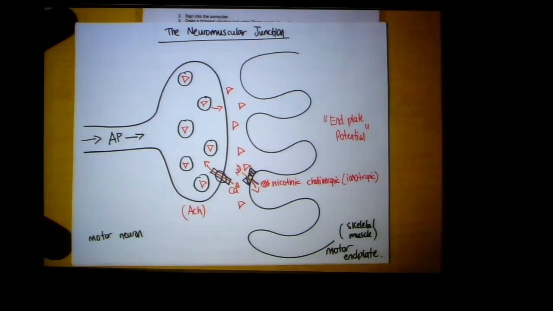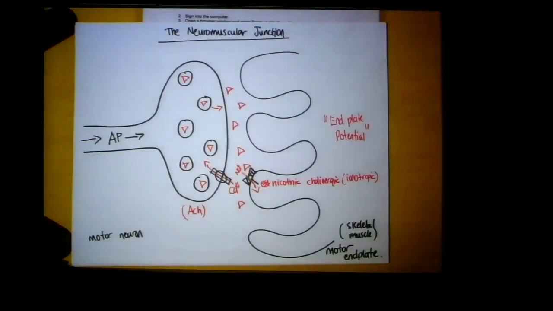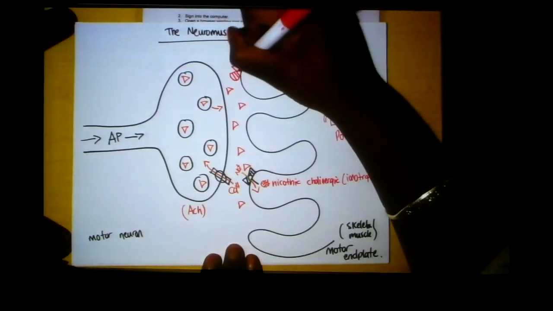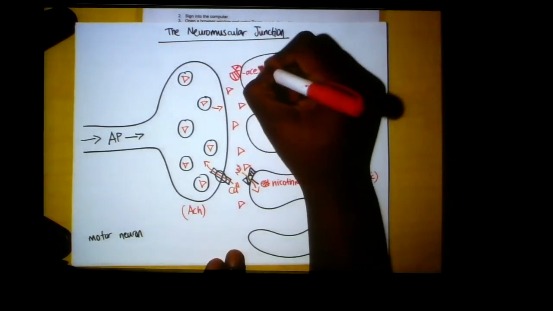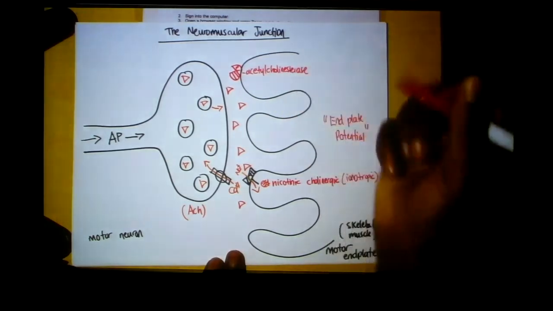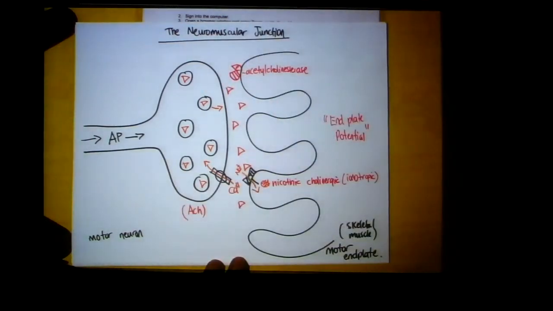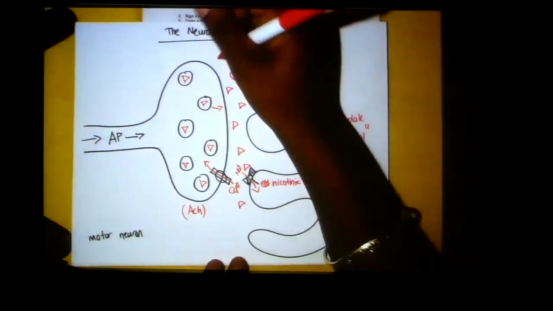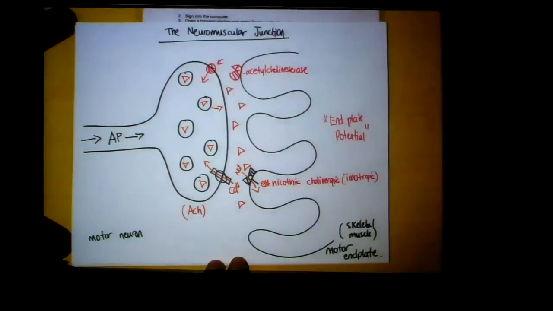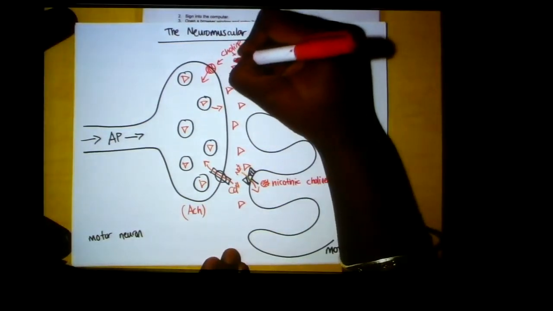Any questions? Now, the very same sequence of events that we saw before, we have our Pac-Man type molecule here. This is called acetylcholinesterase. And this is degrading any excess acetylcholine, and that's going to either be degraded and cleared away as it is, or degraded and reuptaken, okay? And I'll put here again choline and acetate so that you know these are the breakdown products.